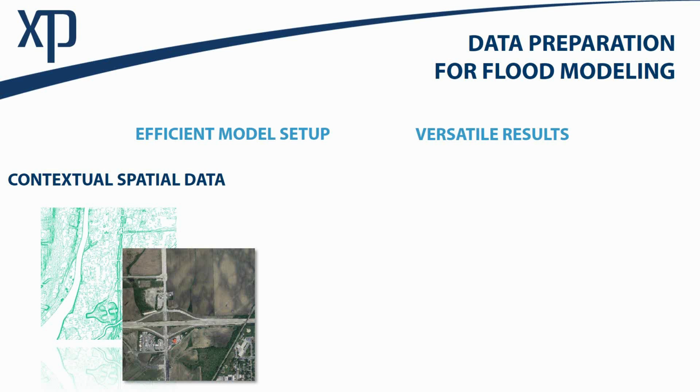All of this helps us to begin to construct the model, whether we're just dealing with a two-dimensional model or a mixed model where we have two-dimensional flood elements as well as one-dimensional elements that may require some terrain information. So having that terrain information in our flood model here in XPSTORM is helpful.